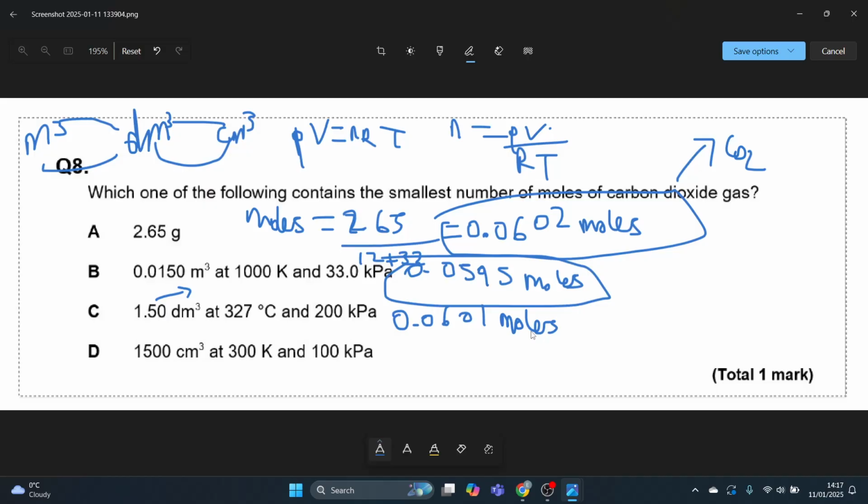And in this case, it's going to be 1500 times by 10 to the power minus 6. The answer is A.